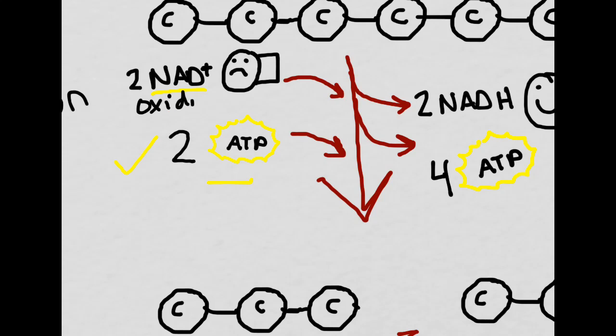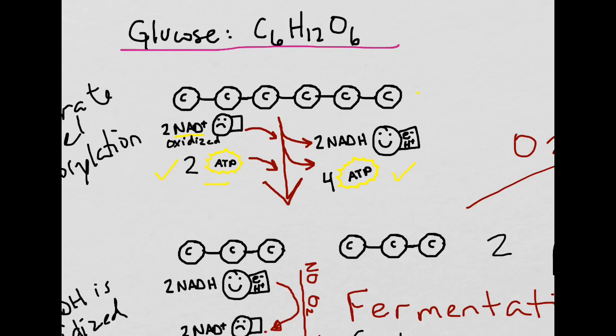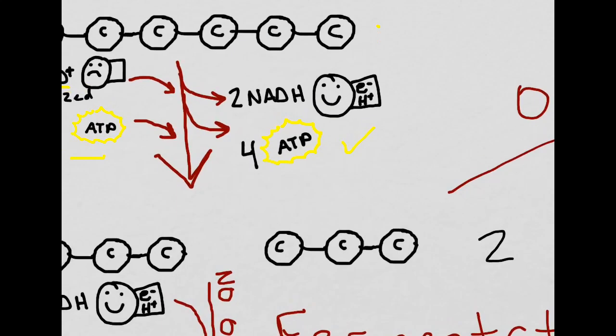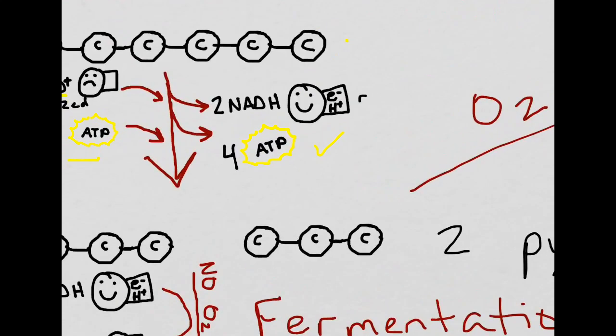Okay. During glycolysis, we take those electron carriers and we reduce them. So this guy here, he's happy because he's got his electrons now, he is reduced or has gone through the process of reduction.